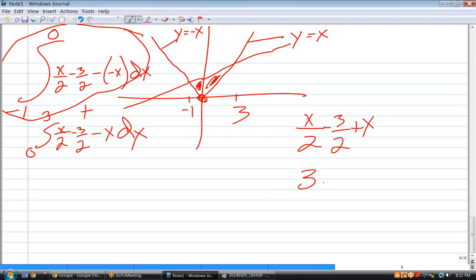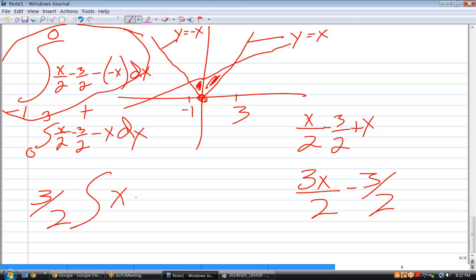So that's 3x over 2 plus 3 halves. I can actually factor the 3 halves out so that I have 3 halves times x plus 1 dx from minus 1 to 0. Do you see how I did each step there?